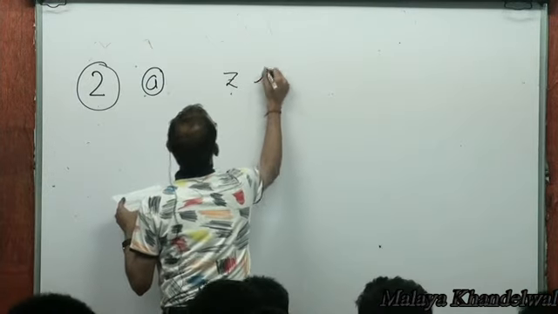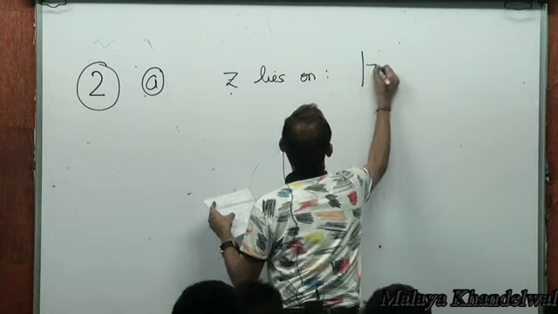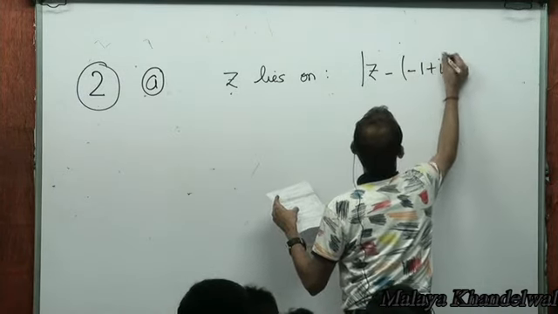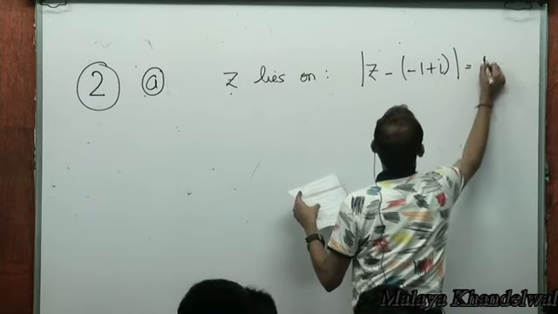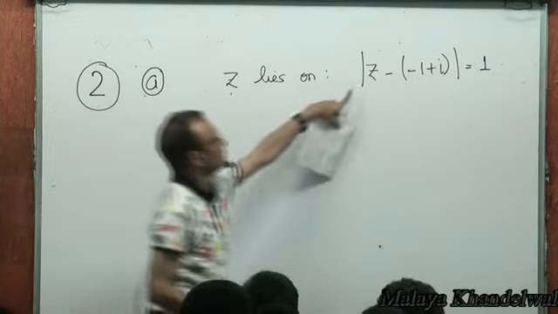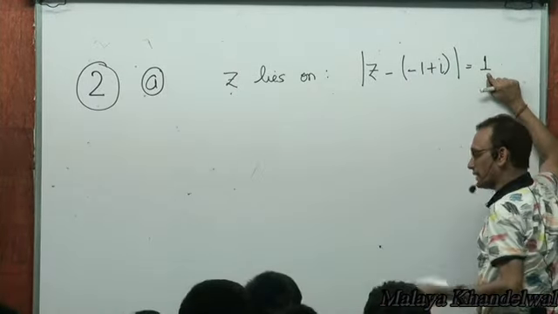Z lies on the curve mod z minus 1 plus I equals 1. Which is what? A circle with center minus 1 plus I and radius 1, right?